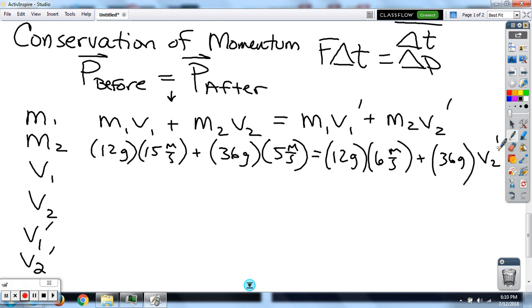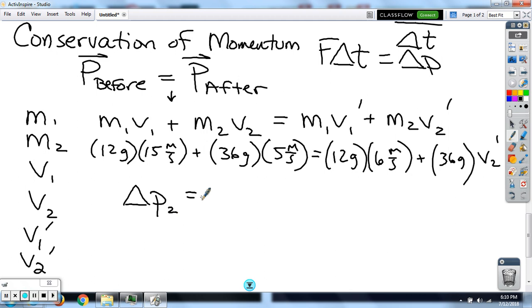And so you can use these values to determine what V2 prime is. But that's not the answer to the question. The answer is, what's the change in momentum of object 2, or 36 gram mass.